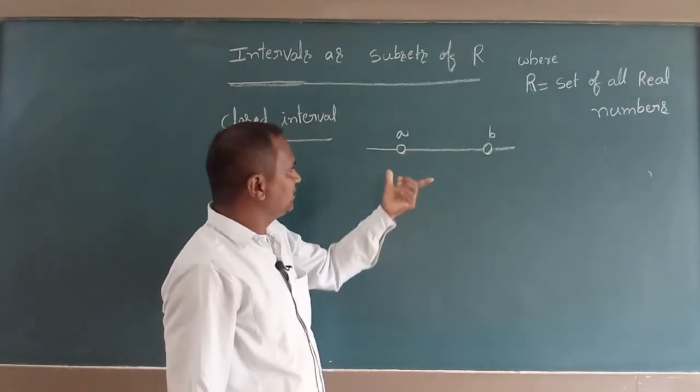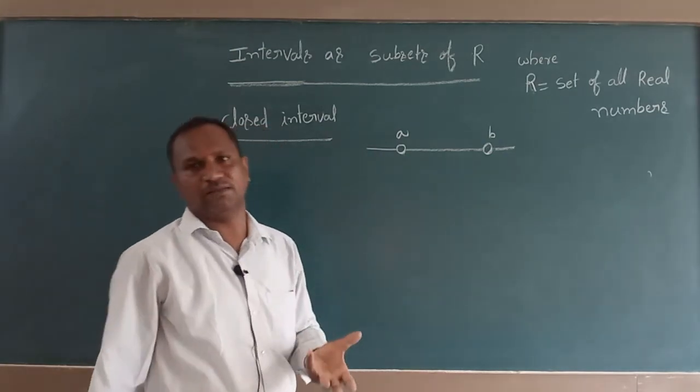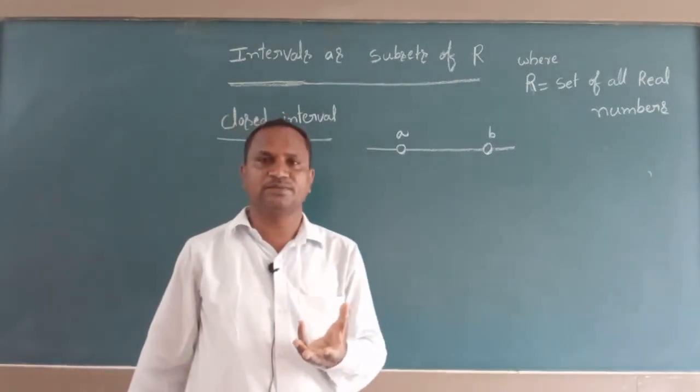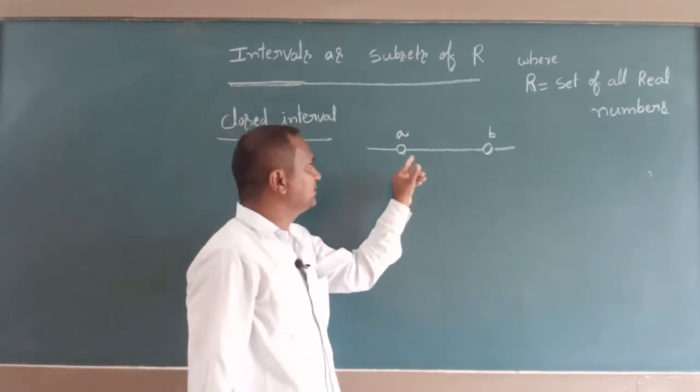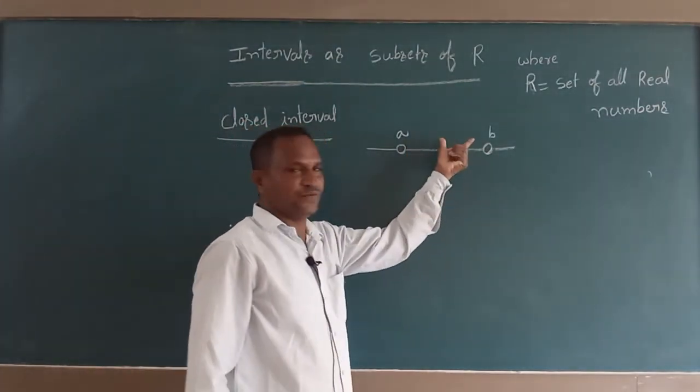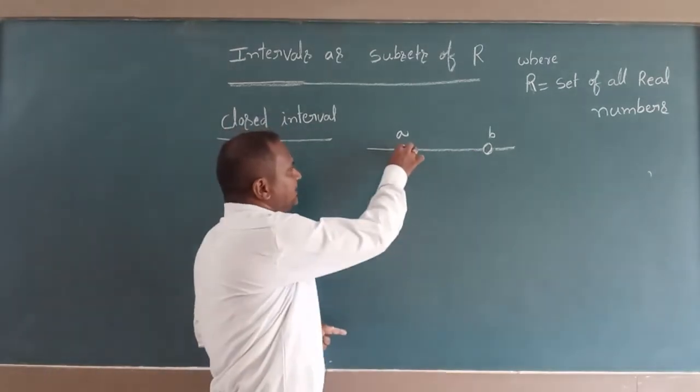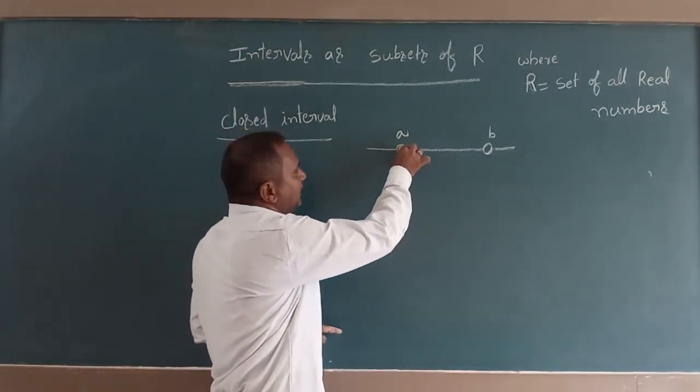The interval contains some subsets of real numbers. Those real numbers must be present: A and B and between them, and we are including A and B also here.